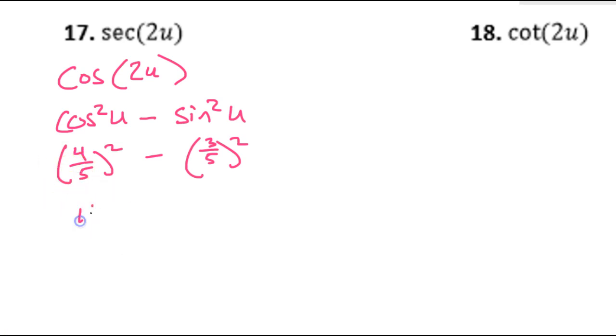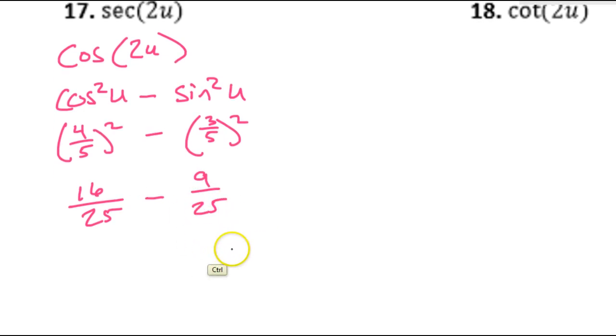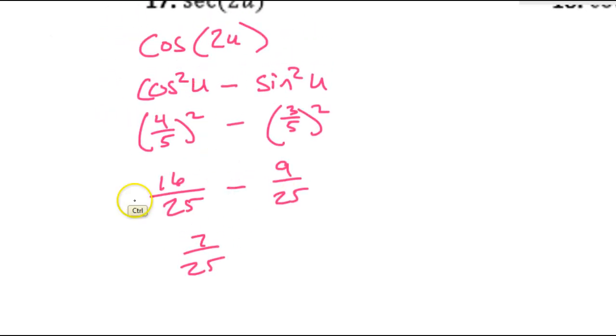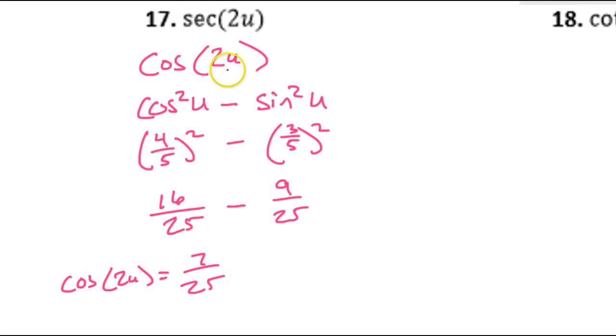So if I square these, I'm going to have 16 over 25 minus 9 over 25. And that is 7 over 25. So keep in mind that what I've been finding so far is the cosine of 2u. But what I really wanted was the secant of 2u. So this means that the secant of 2u will be 25 over 7 because it is the reciprocal.